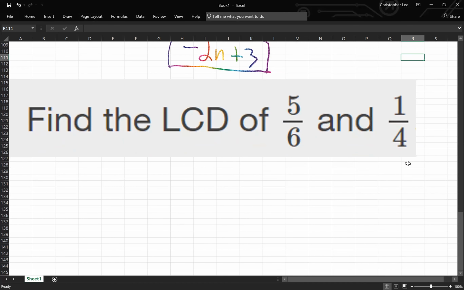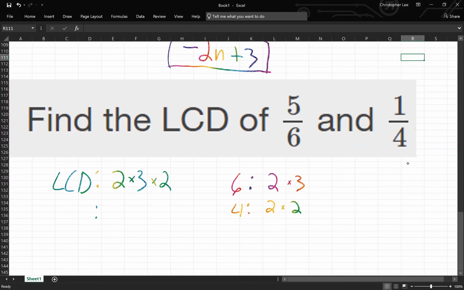Very good, right? And then just to recap real quick, we know that 6 is 2 times 3, and we know 4 is 2 times 2. Take one of them for the LCD. Let's say we do the 2 times 3. We already have one 2, but we don't have two 2s. Put them together, right?